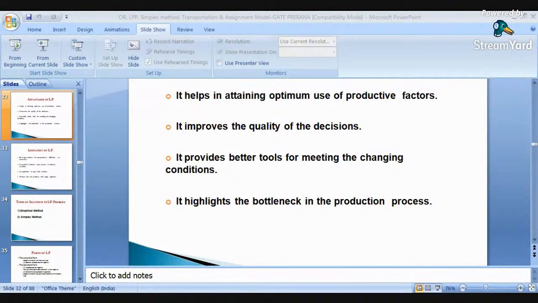So, what are the steps to solve a transportation problem? Formulate the problem and set it up in matrix form. You are able to see the matrix form on your screen. Obtain the initial basic feasible solution. Test the solution for optimality and update the solution if required.